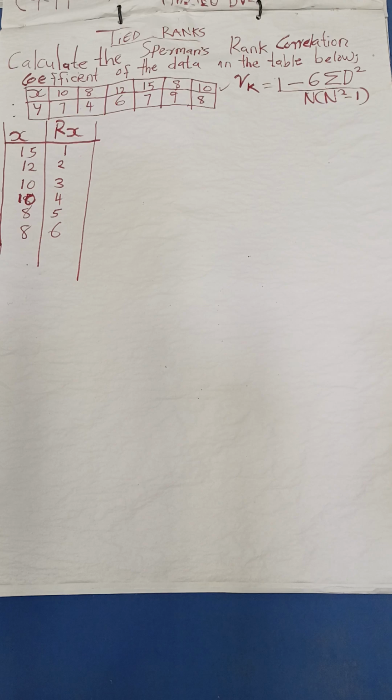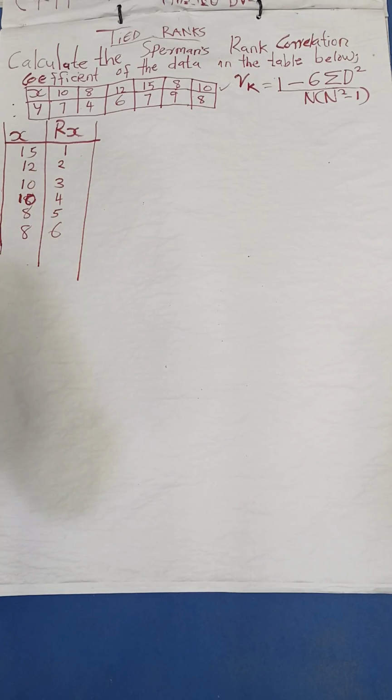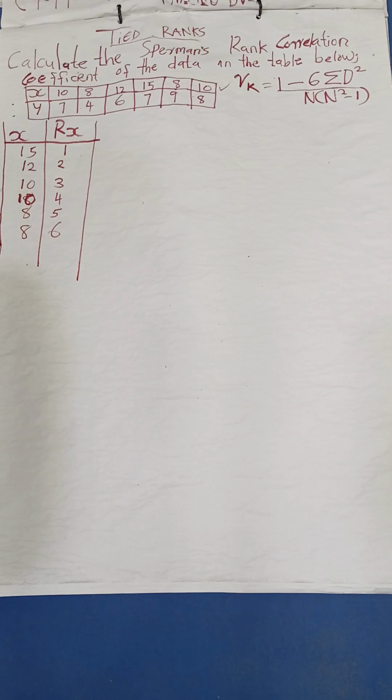So we cannot say this one is position 3 when the one in position 4 also scored 10, or that this one is position 6 when the one in position 5 scored the same marks.